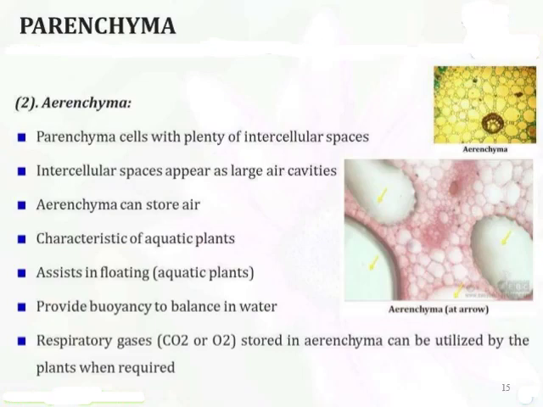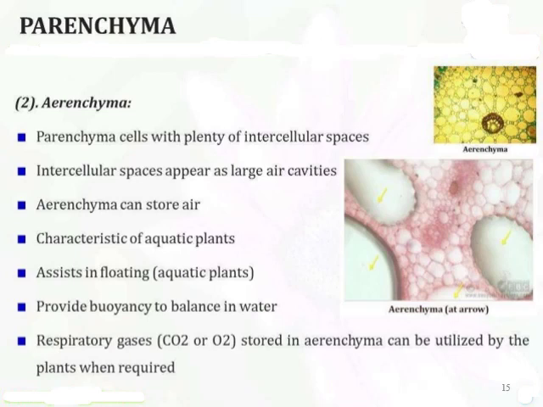The second type of parenchyma on the basis of function is aerenchyma. These parenchyma cells possess plenty of intercellular spaces, and these intercellular spaces appear as large air cavities. These cells can store air, and they are present in aquatic plants.